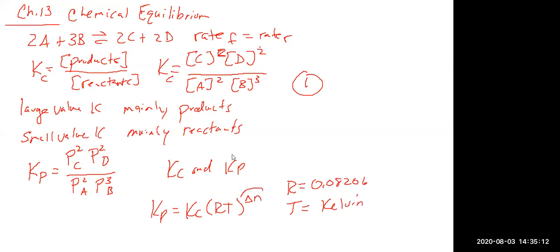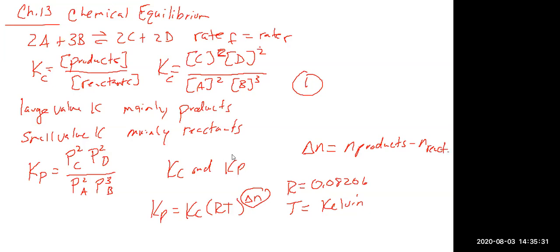And remember that delta n is the change in the number of moles of gas molecules. And that is delta n would be n of our products minus n of our reactants.